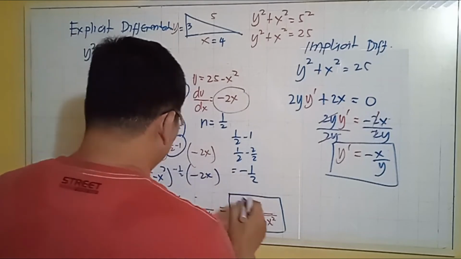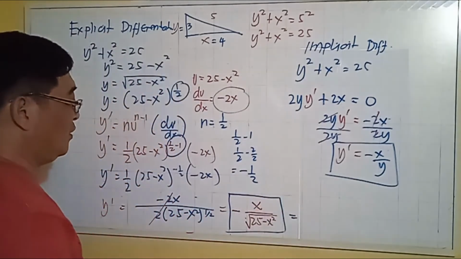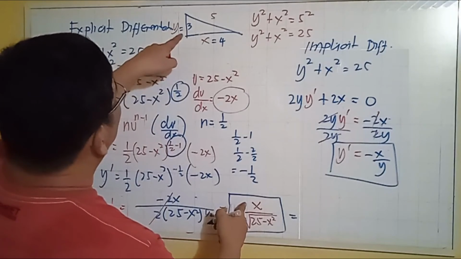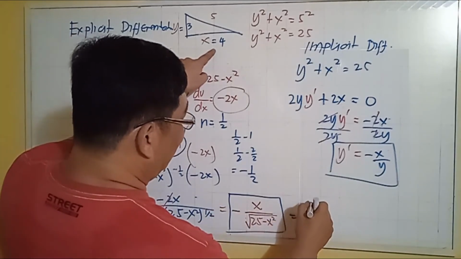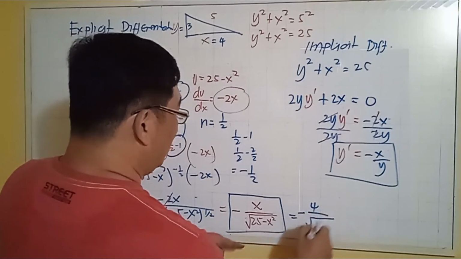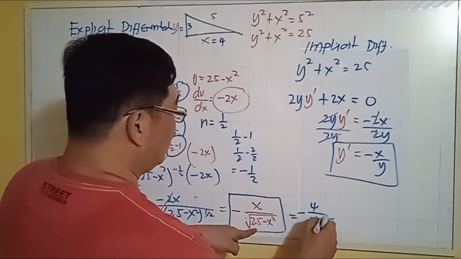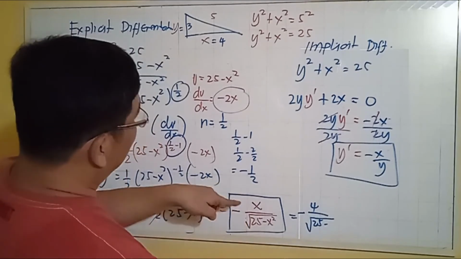So, check nga natin kung pareho yung magiging sagot. So, checking tayo. So, if x is equals to 4, so you have negative 4 and then divided by square root of 25 minus x square.